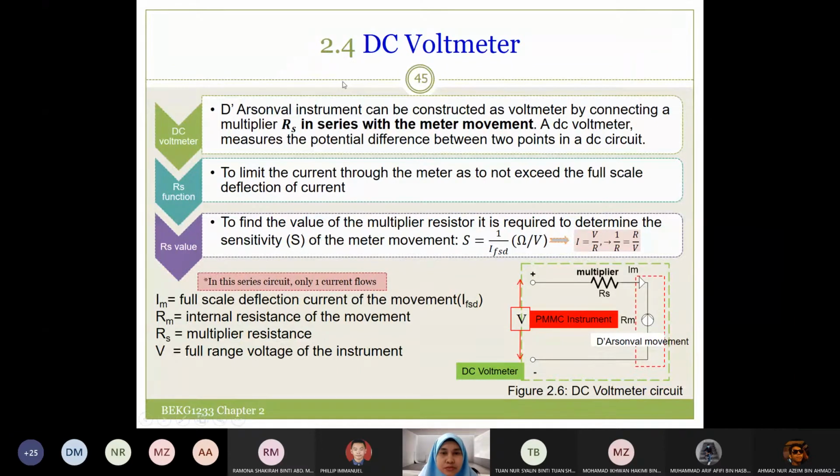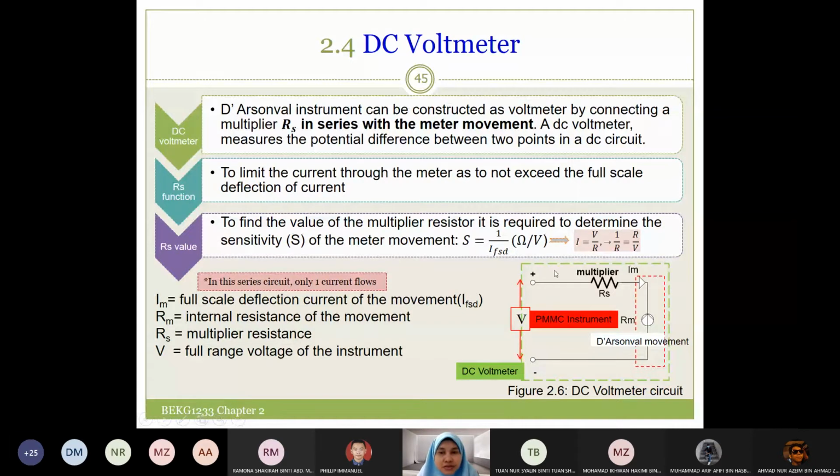In DC voltmeter, we put an additional resistor, RS, series resistor or multiplier resistor, in series with the meter movement or PMMC. A DC voltmeter measures the potential difference between 2 points in a DC circuit.